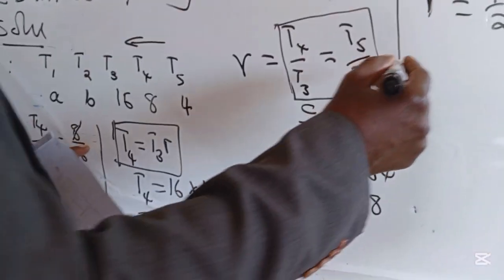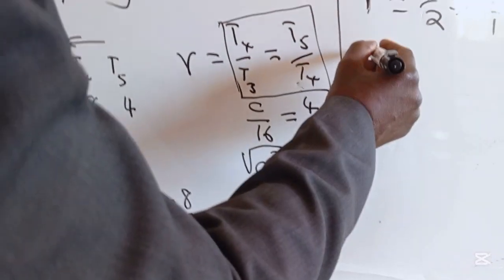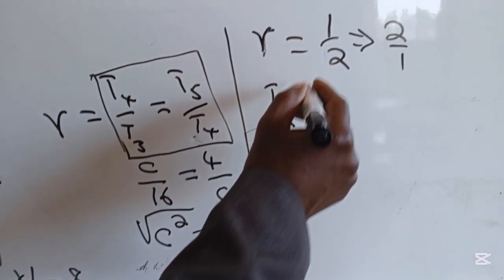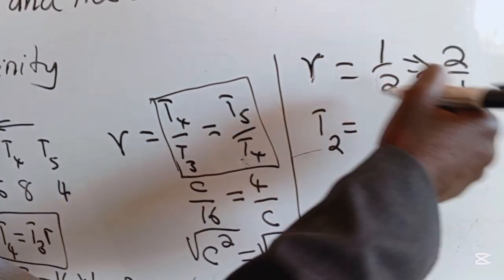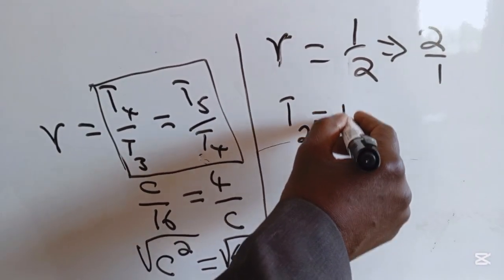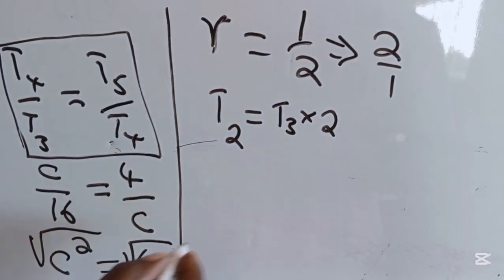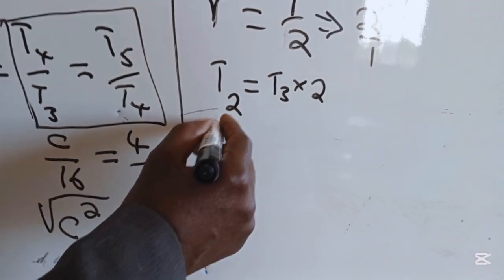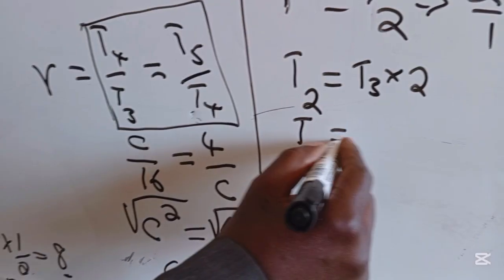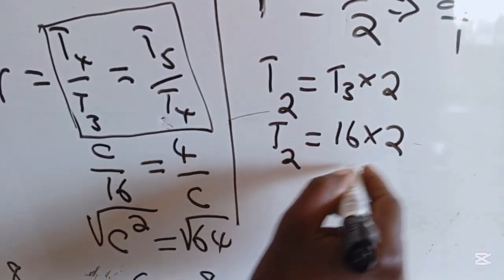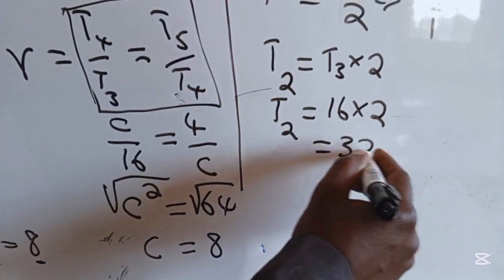So in this case, how did I get the second term? Remember, it is now the opposite because I'm going backwards. The second term is the third term multiplied by 2. You agree with me it is 16 times 2, so the answer is 32.